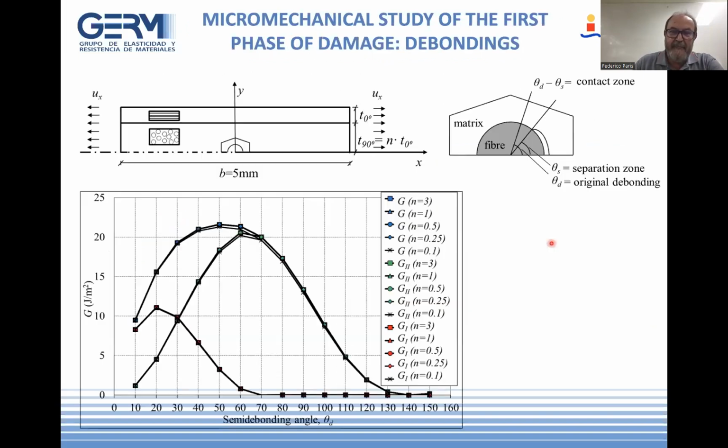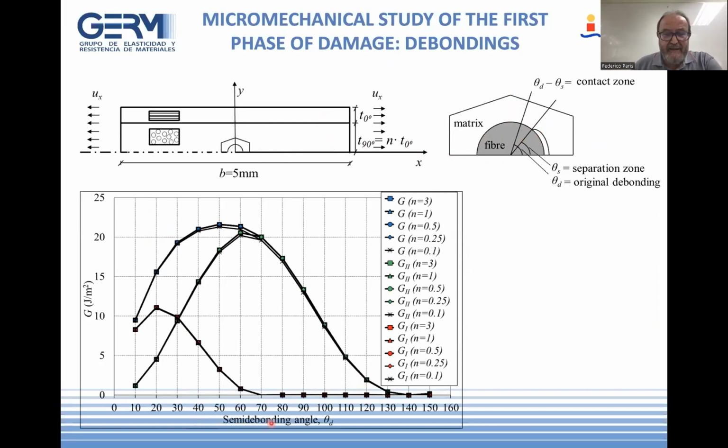When talking about the scale effect, based on this multi-scale model, the zero degree ply is modeled as homogeneous orthotropic, the 90 degree ply as homogeneous isotropic, and then we have a cell where we allow debonding to occur between fiber and matrix.